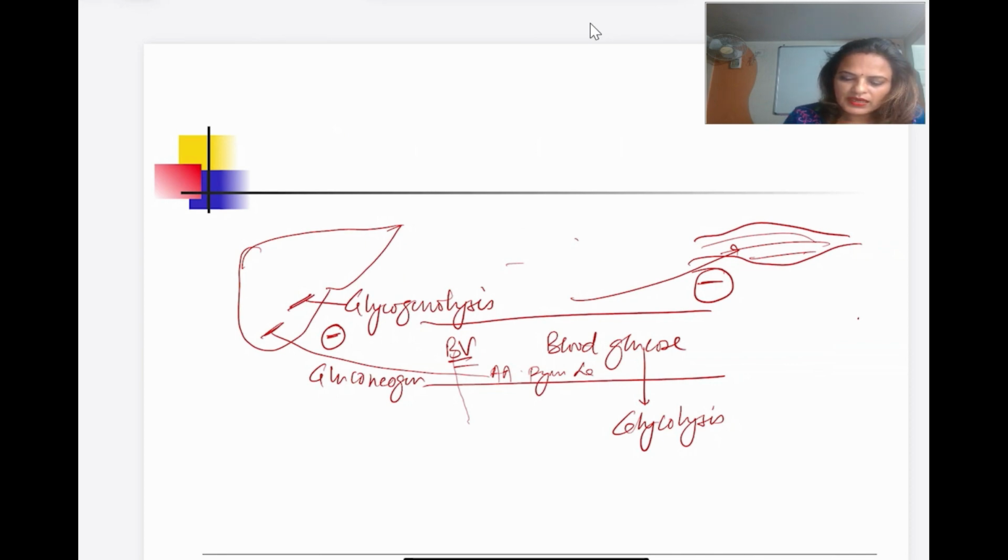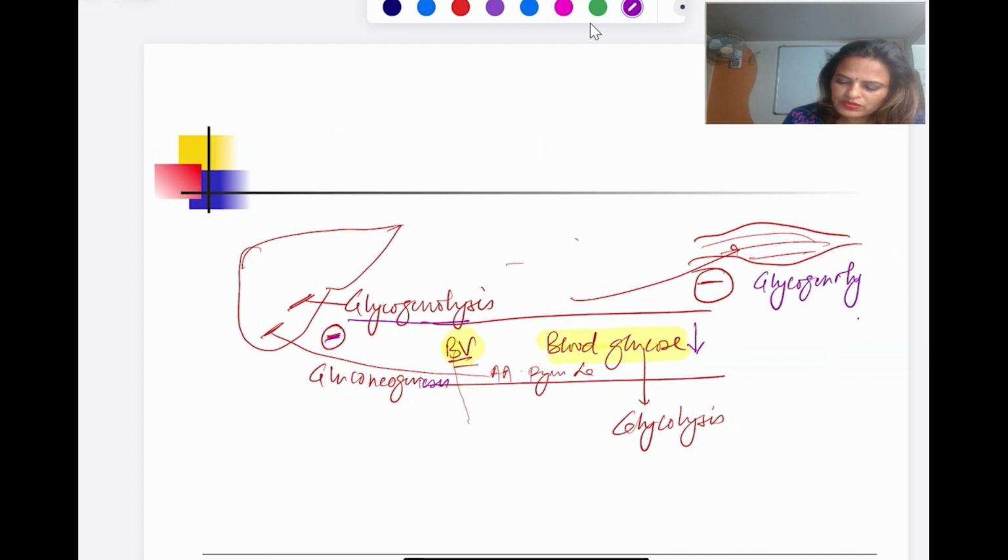You can see here in this figure also. I have drawn the blood vessels with a lighter color, and here the blood glucose is shown. So this metformin is going to decrease this blood glucose level. How is it going to decrease it? By inhibiting these two: suppressing hepatic gluconeogenesis and glycogenolysis, and here also glycogenolysis.